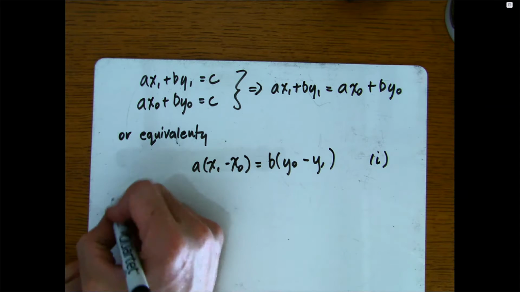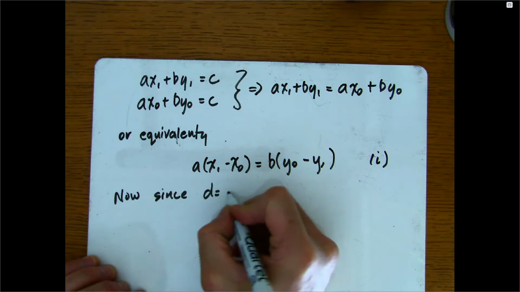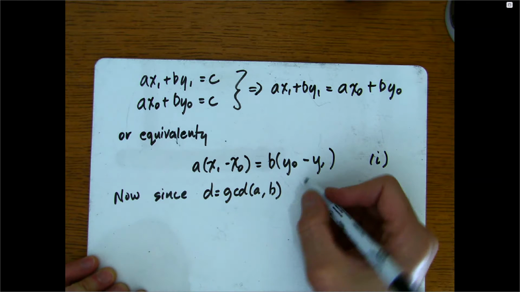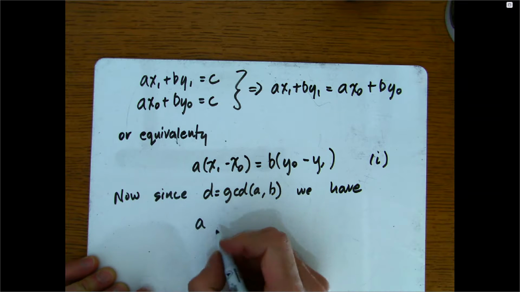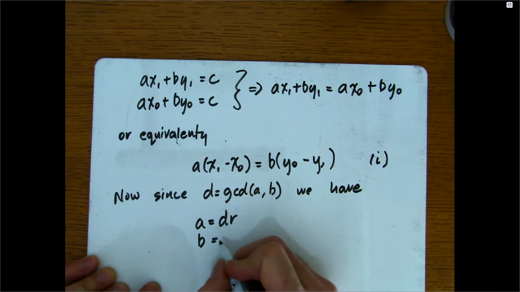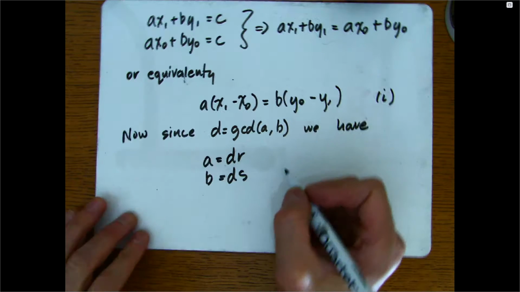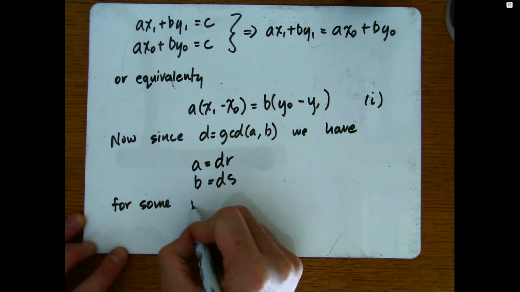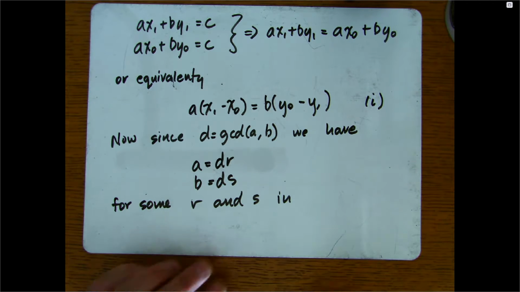So now, if we know that D is equal to the GCD of A and B, we can say that A must be some multiple of D, so let's call it A equals D times R, and B must be some multiple of D, so let's call that B equals D times S, for some R and S in the integers.